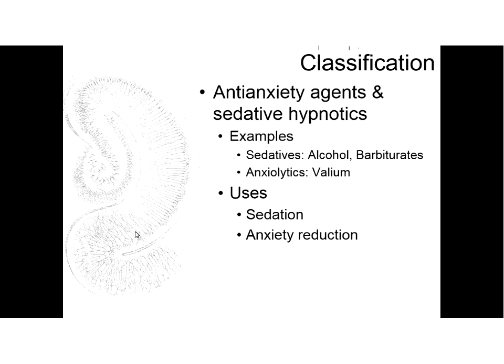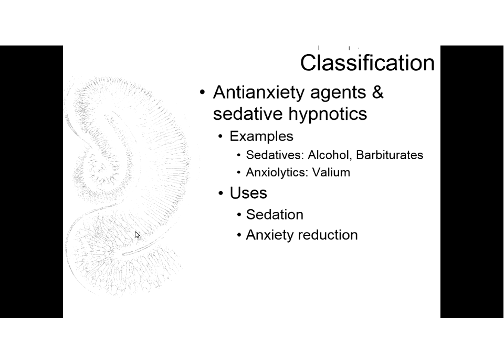So with our classification system, we can see that even within anti-anxiety agents or sedative hypnotics, we have several different examples. For example, with sedatives, alcohol is a good example, and barbiturates are a good example. Whereas for anxiolytics, we have Valium, which is an example of a drug that functions to reduce anxiety.